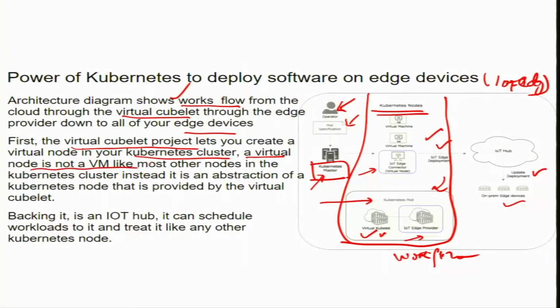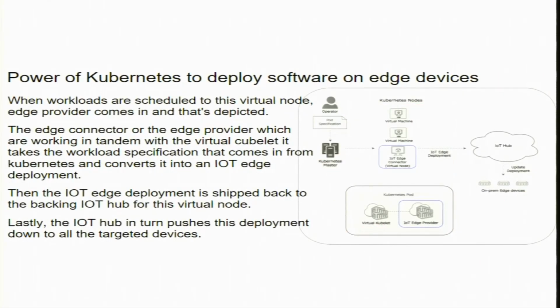A virtual node is like a virtual machine, like most other nodes in the Kubernetes cluster. Instead, it is an abstraction of a Kubernetes node that is provided by the virtual kubelet. So, with IoT Hub, it can schedule workloads to it and treat it like any other Kubernetes node. When a workload is scheduled to this virtual node, the edge provider comes in, as depicted over here.